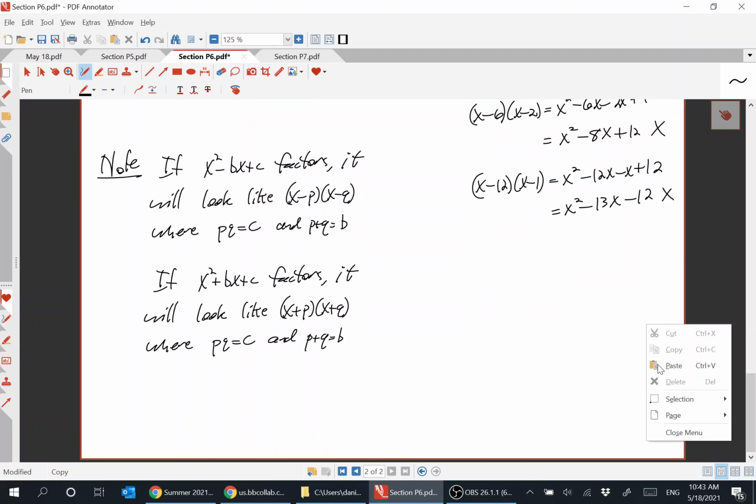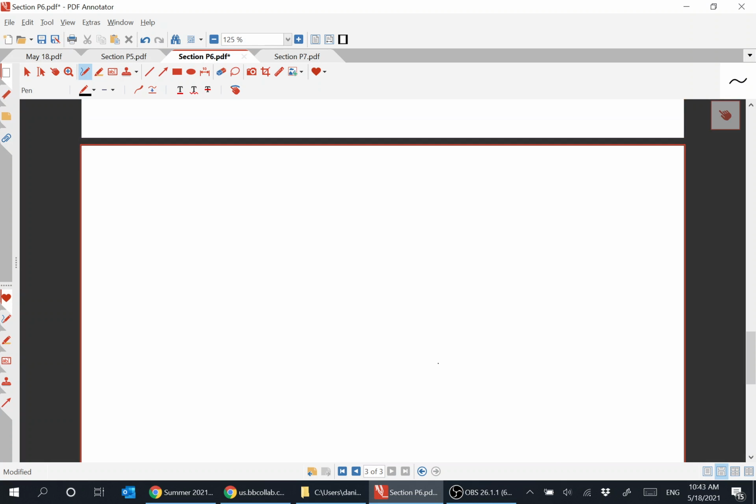So, a couple more examples. How about x squared plus 6x plus 9, right? Well, 9 is equal to 3 times 3.